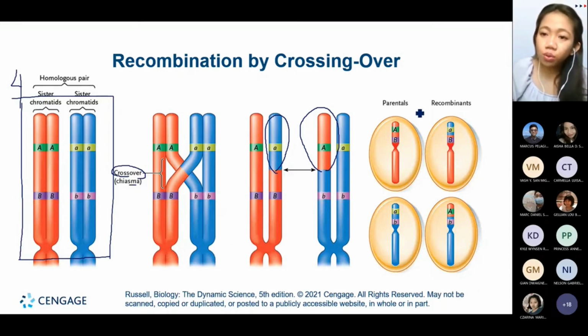So, as a result of the crossing over, the parent and the daughters are no longer the same. So, that's what we call recombinant. Pag sinabi nating recombinant DNA, that is no longer the original DNA, but instead there has been alteration in the DNA material.